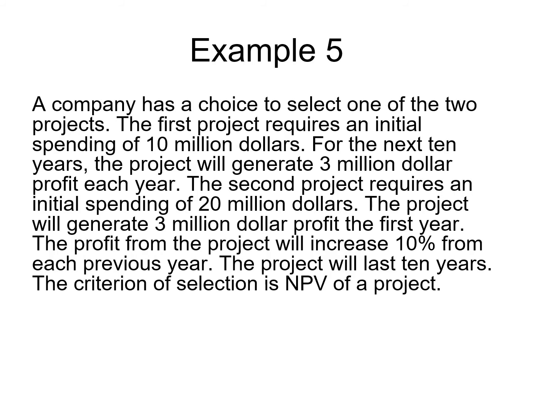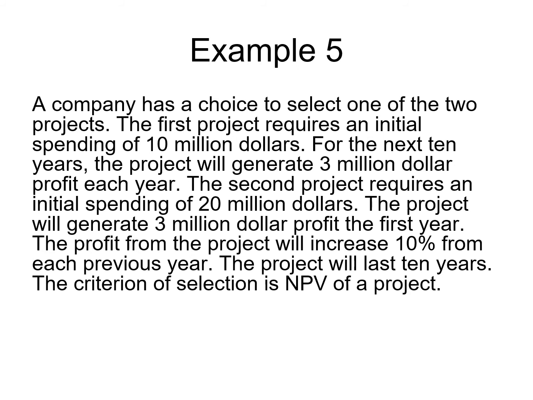Example 5. A company has a choice to select one of the two projects. The first project requires an initial spending of $10 million. For the next 10 years, the project will generate $3 million profit each year.